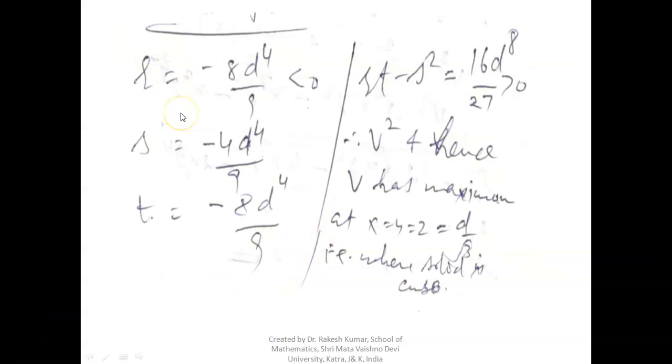Again we can find out this r, which is less than 0. S is this and t is this, and rt minus s square is definitely greater than 0, d raised to power 8, and therefore v square, and hence v, has maximum at this point x, y, z, when the solid is a cube, because all these sides are the same.